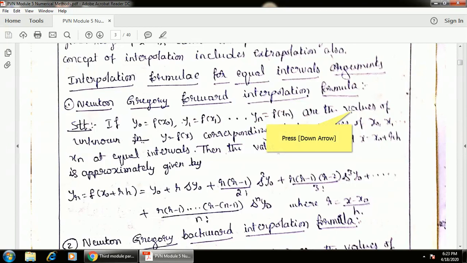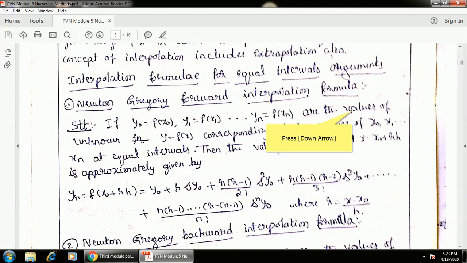Interpolation is the process of finding the value of the unknown function just by making use of the values of the function for equidistant values of x. Within that range, if you find the value of the function, that process is known as interpolation. If you find the value of the function outside that range, it is known as extrapolation.